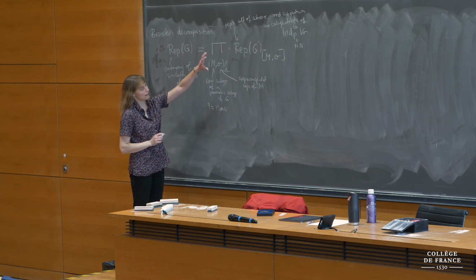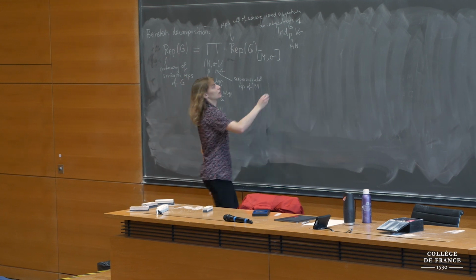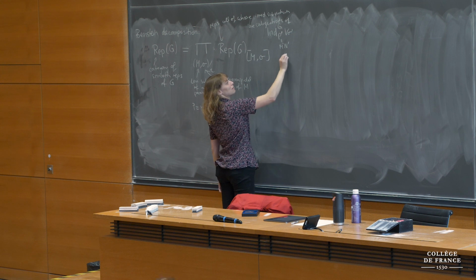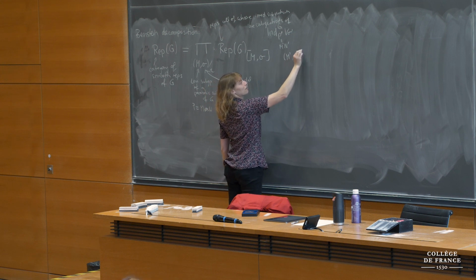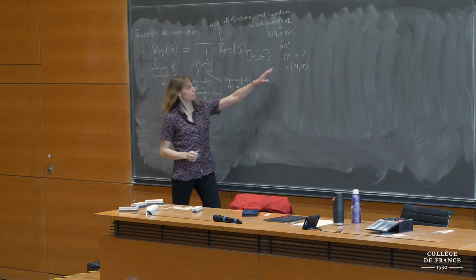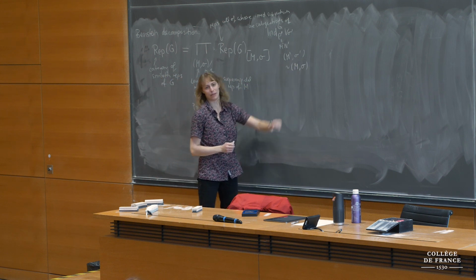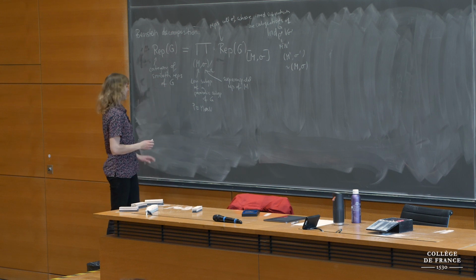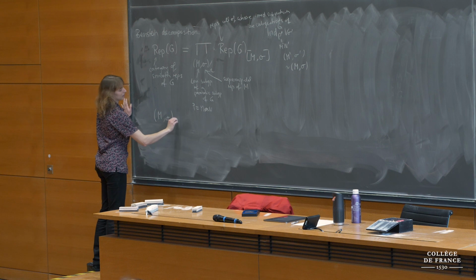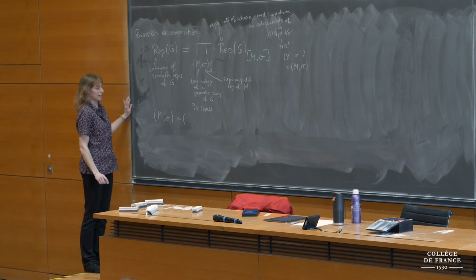To make this precise, if I really want to get everything in there, I also need to put a little prime here. And what does the prime mean? The prime just means that I take this up to an equivalence. So I take this over a whole equivalence class of all M prime, sigma prime that are equivalent to M and sigma. And what is this equivalence? M and sigma is equivalent to other pairs that have the following shape.